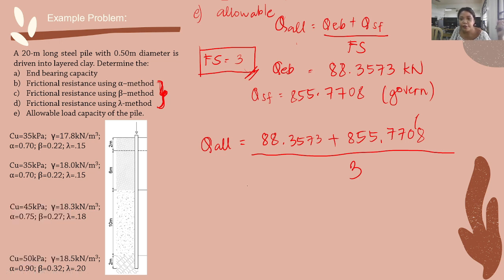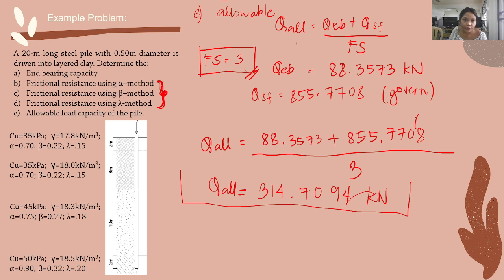Yung factor of safety, nakalimutan ko lang ilagay sa problem. Pero, yeah, 3 yung kanya. So, therefore, 88.3573 plus 855.7708 divided by 3. And the allowable bearing capacity is therefore 340.7094 kilonewton.